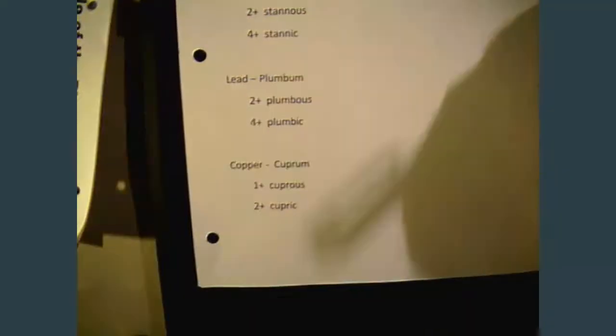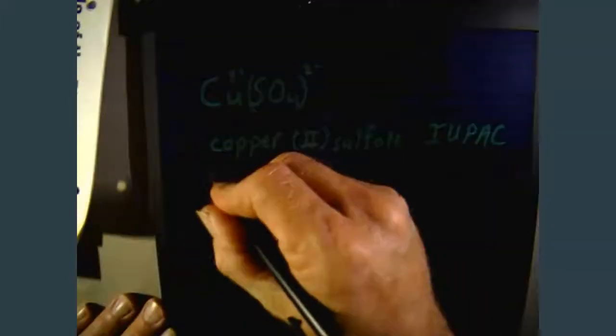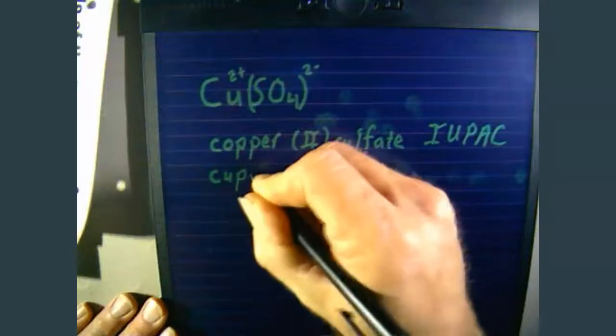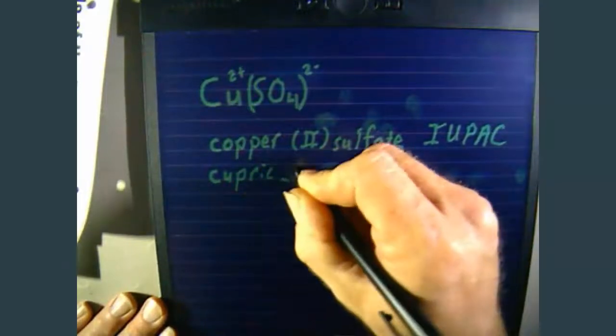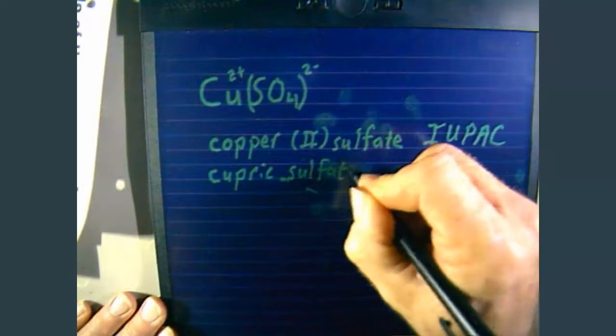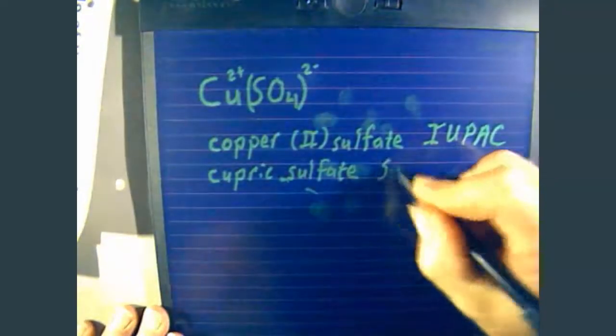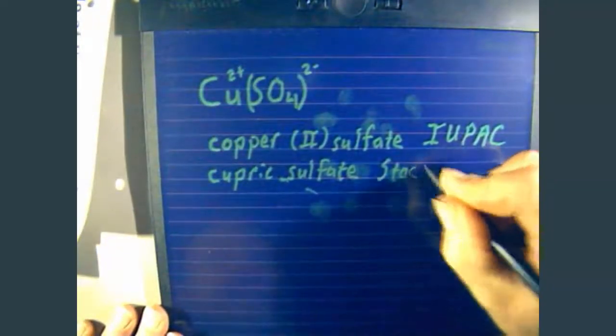However, using the stock system, the older system, copper 2 is cupric. So this would be called cupric sulfate. And again, sulfate, you could spell it either F-A-T-E or P-H-A-T-E. And again, this would be in the stock system.